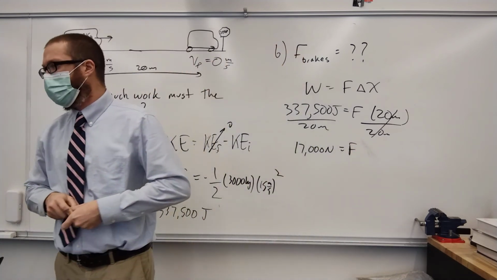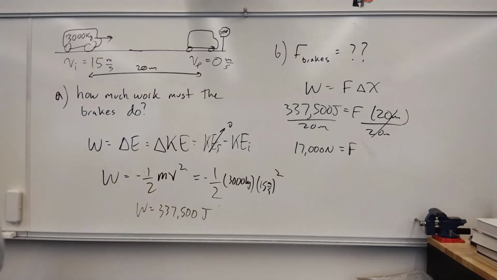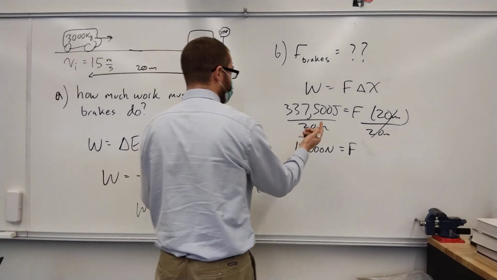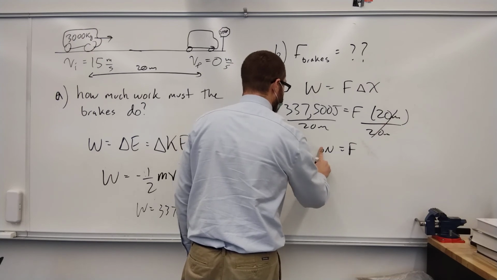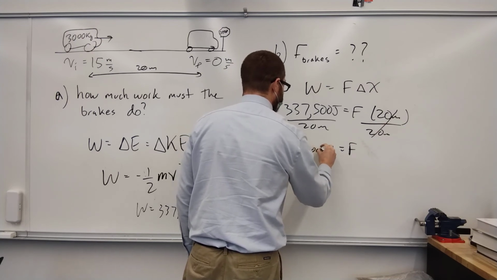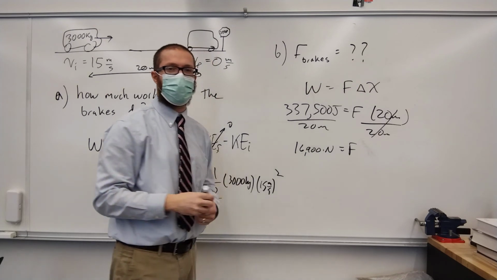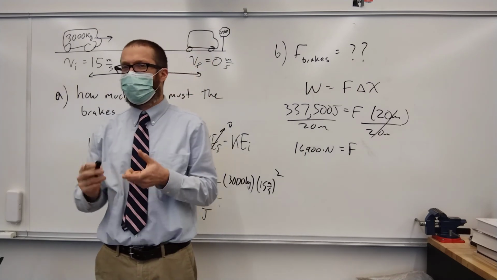What is it actually divided by 20? You got it, Kevin? 16,875. Okay, 16,875. With 2 sig figs, it would be 17,000, which is typically all we need.